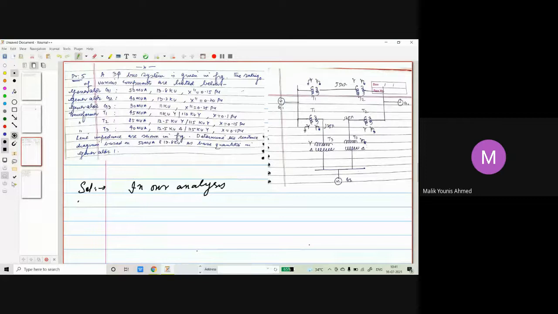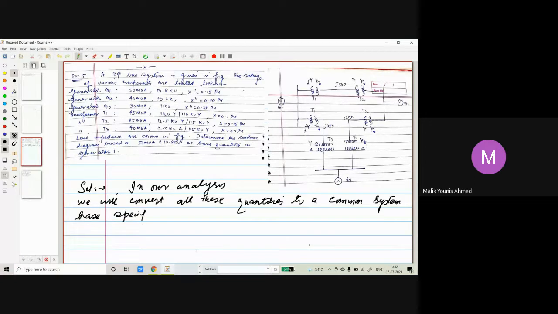We will convert all these quantities to a common system base specified in the problem. So the base quantities are given.